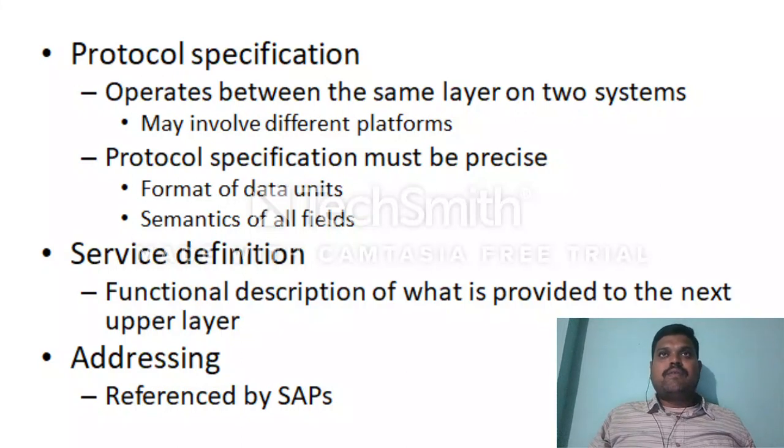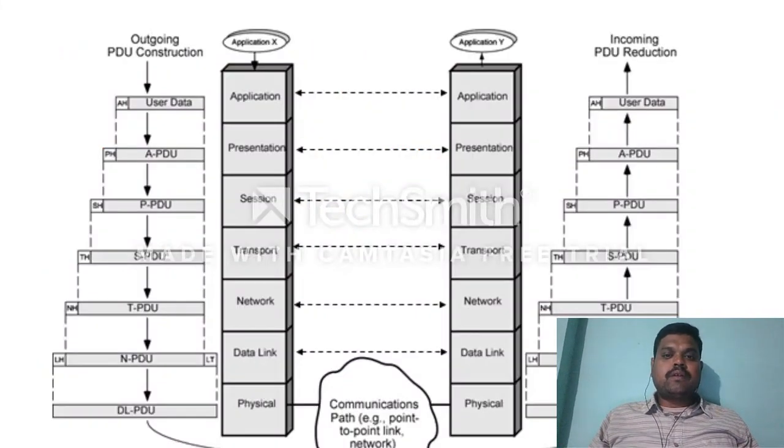For example, the physical layer on system A can communicate with the physical layer on system B. Similarly, the network layer on system A can talk to the network layer of system B, right? But it cannot talk to other layers of system B. So the same layer can communicate with the identical layer on the other system, right?